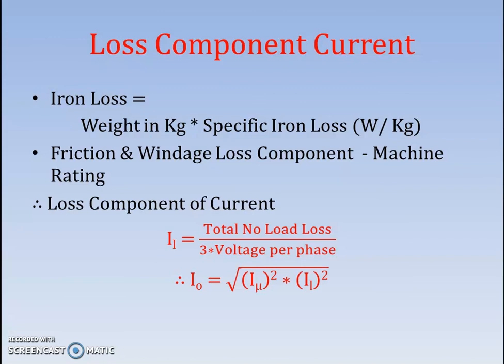So this way the no load characteristic of the 3-phase induction motor can be calculated. This characteristic is very important because one of the performance parameters, the power factor, broadly depends on our magnetizing current component.